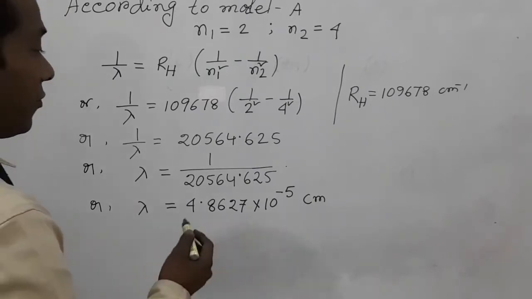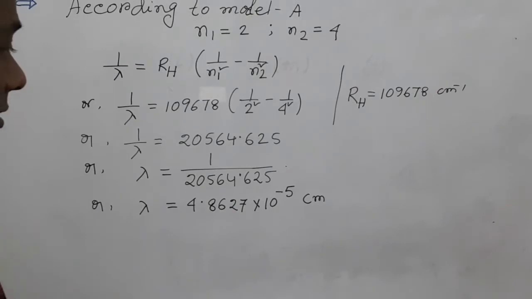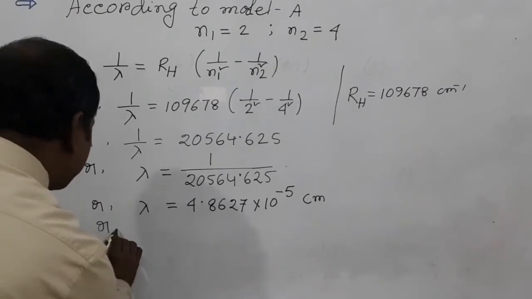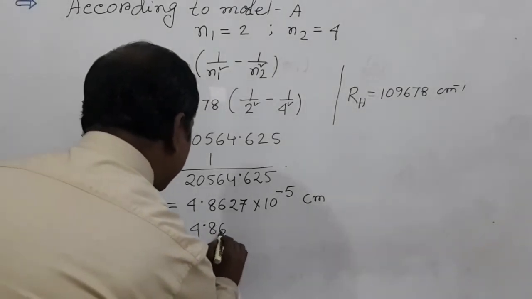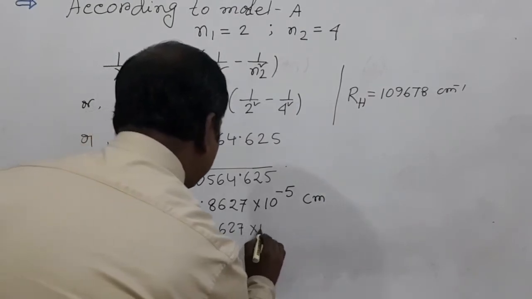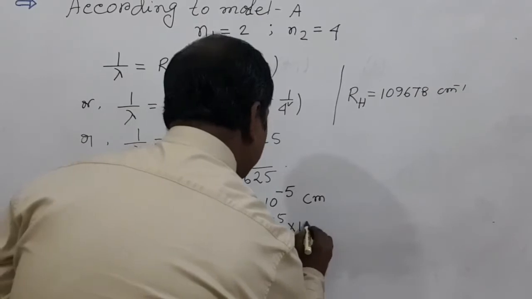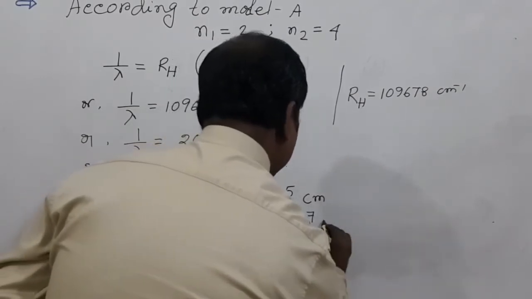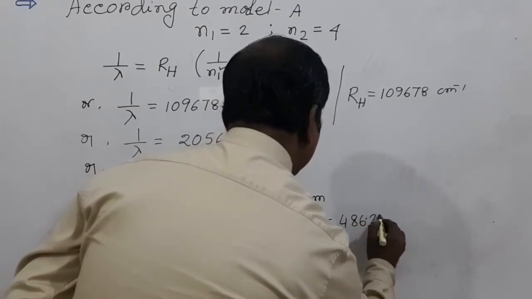If we convert this value into nanometer units, then we have to multiply by 10 to the power 7. So, lambda equals 4.8627 into 10 to the power minus 5 into 10 to the power 7, equal to 486.27 nanometer.